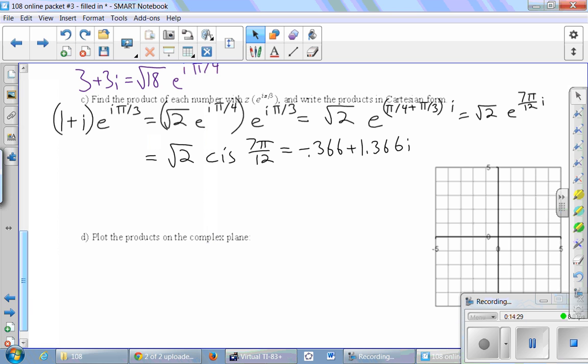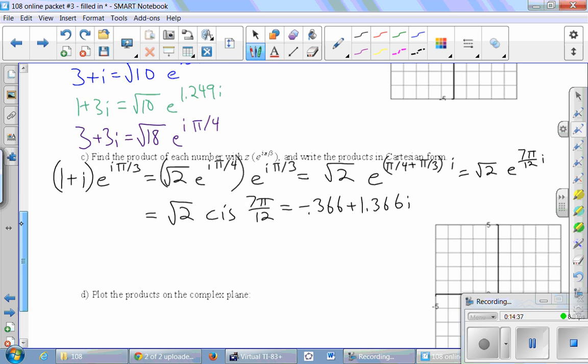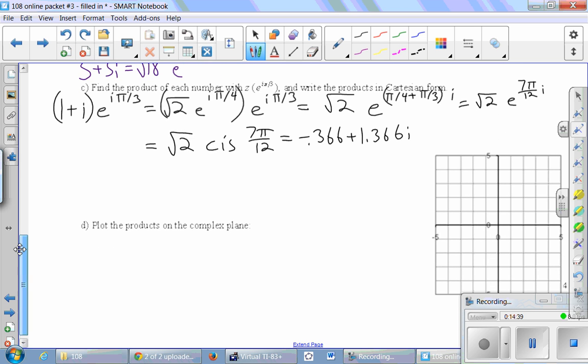Okay, the other parts of this problem are all the same, so I'm not going to show all the work, but it's exactly that same calculation that we just did there in black. So the next one we'll do is the blue one, 3 plus i times e to the i pi over 3. So you'll get root 102.